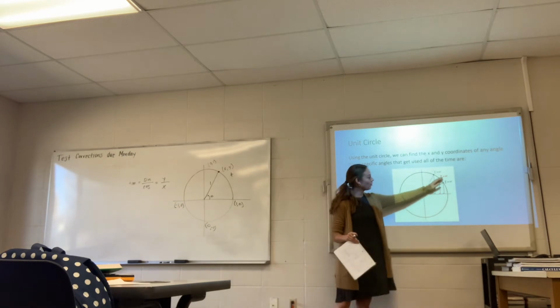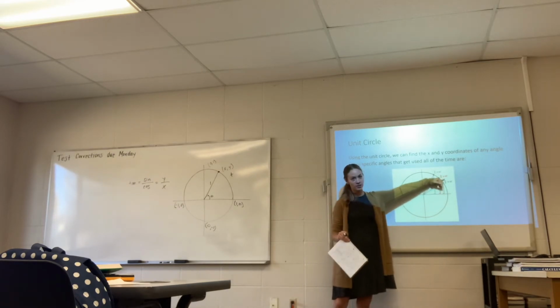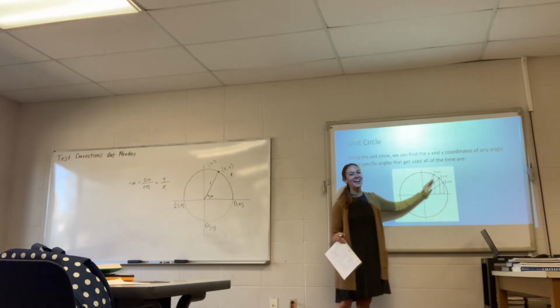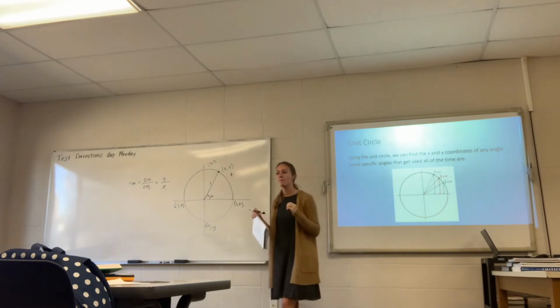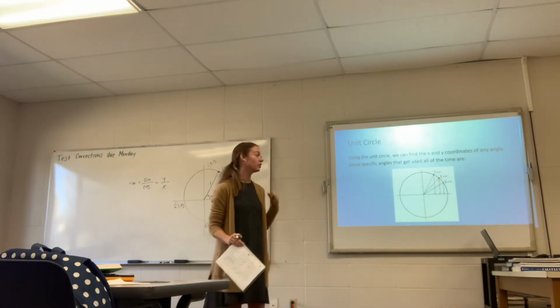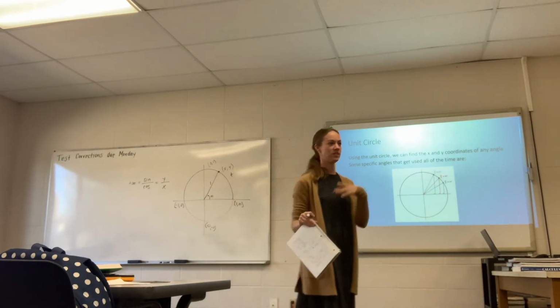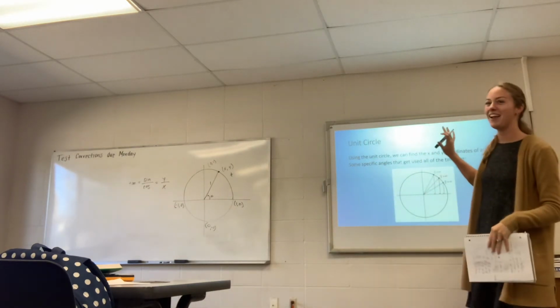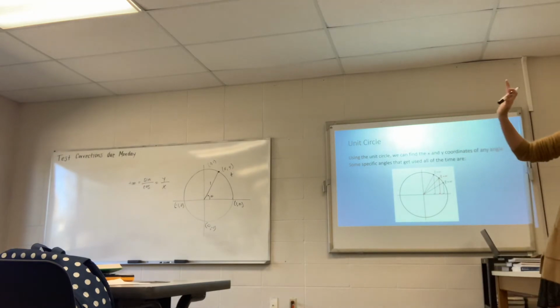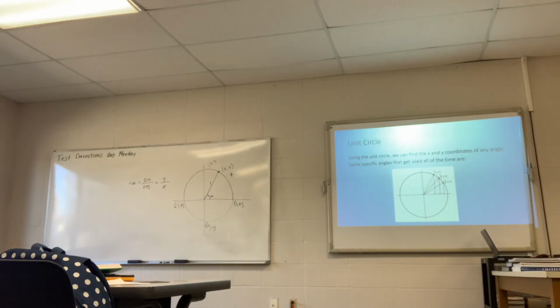Then right in the middle, we have pi over 4 or 45 degrees. And then this angle is going to be pi over 3 or 60 degrees. Those are the main angles that we're going to learn for sine, cosine, tangent, cosecant, secant, and cotangent. And then we'll use those all the time, okay?